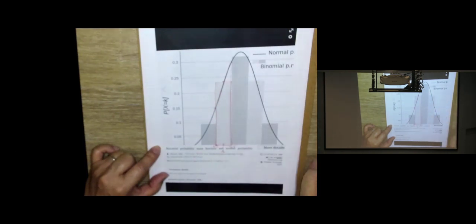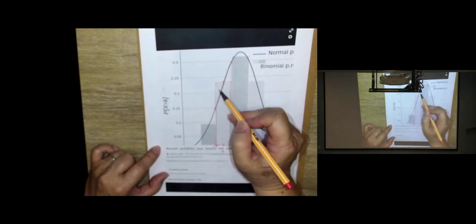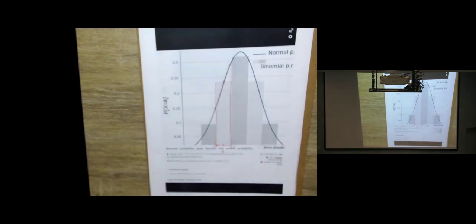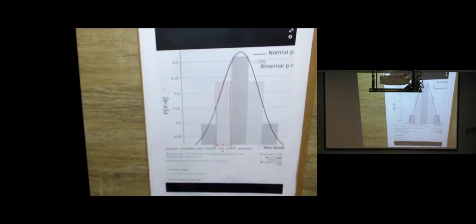This might be a good one because I overestimate here, but I underestimate here, so the two things might actually cancel out. So my approximation would be decent. All right? This is the same argument. A few slides down this lecture will be what we call continuity correction.